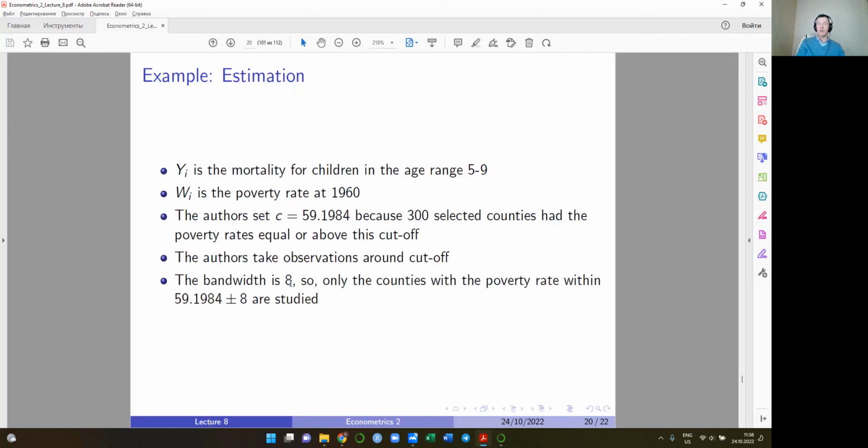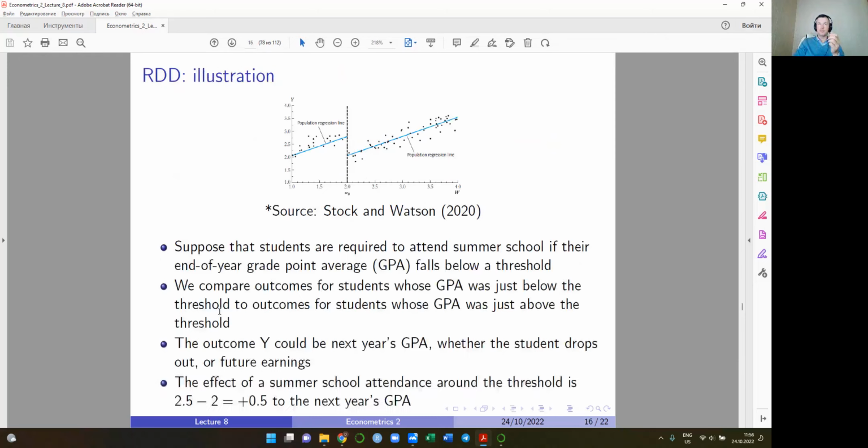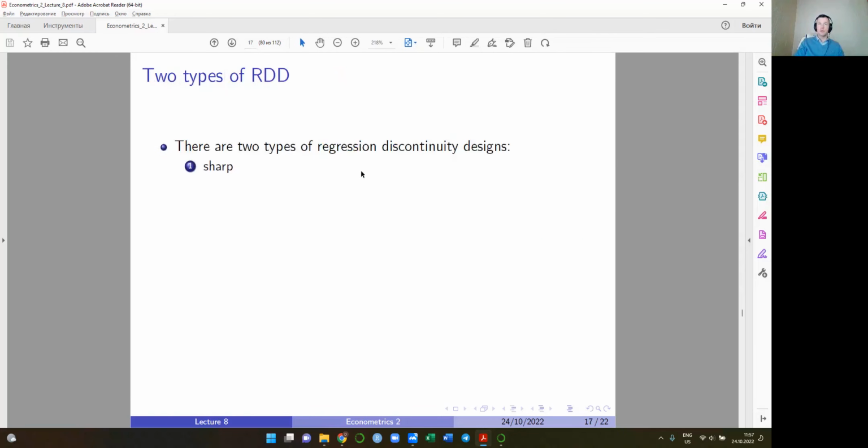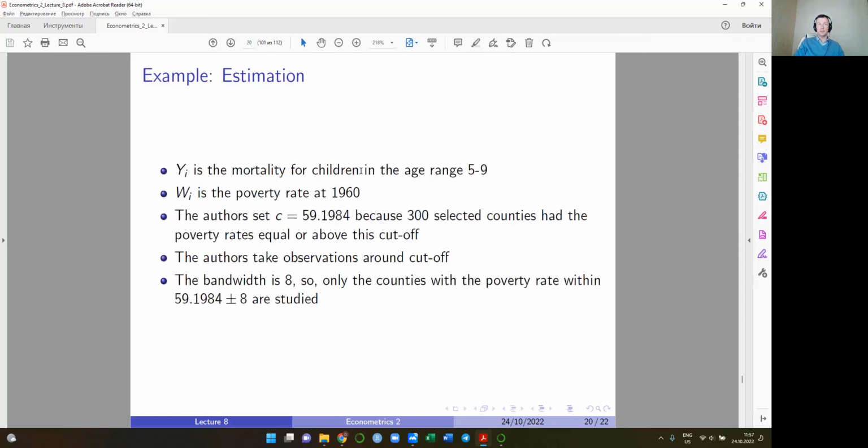So basically, they selected only the counties plus or minus 8 from the cutoff. Exactly as I explained to you on this picture, that we are not taking the full sample of these points, but we concentrate on the subsample of points around the cutoff. And the width of this window is 8.